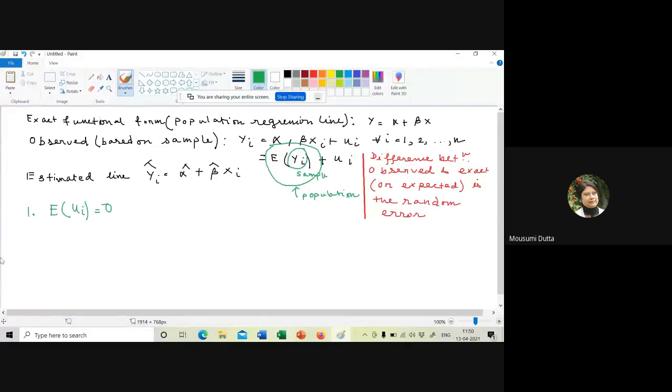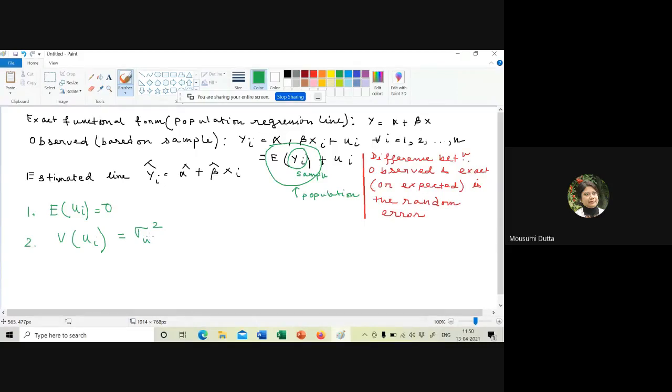And the second assumption I mentioned is that variance of ui is a constant, and that is given by sigma u square or sigma square. This assumption is called the homoscedasticity assumption. This is not at all a consistency requirement.